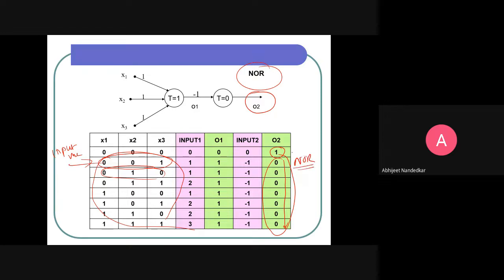Now you know that NOR is a universal logic or universal gate. So if you are able to implement this, you can implement any logic. Okay, so this proves that I can use this kind of technology to implement any kind of Boolean logic.